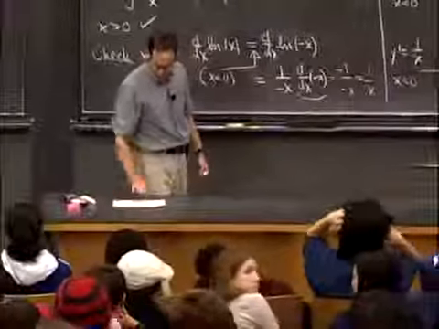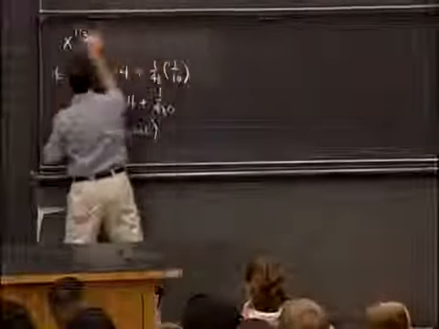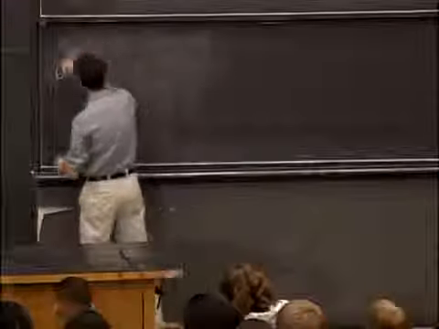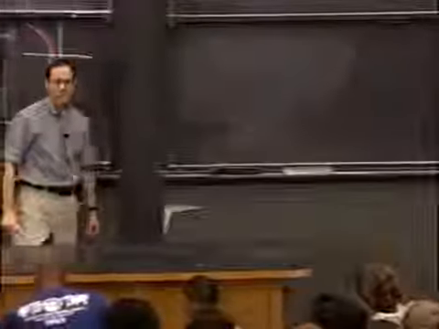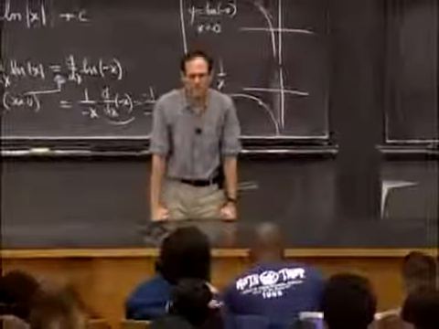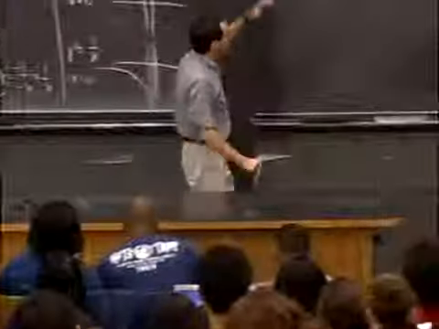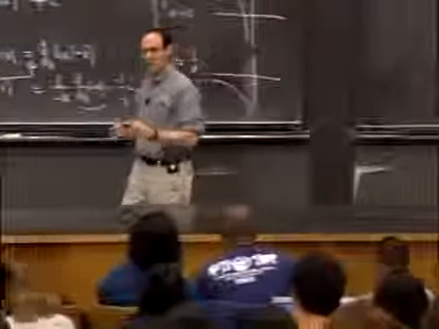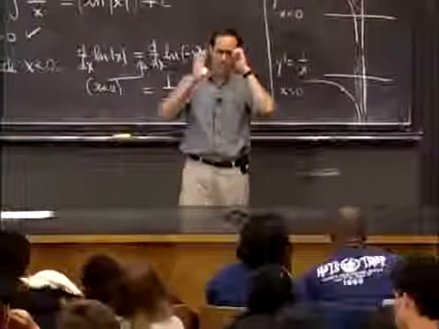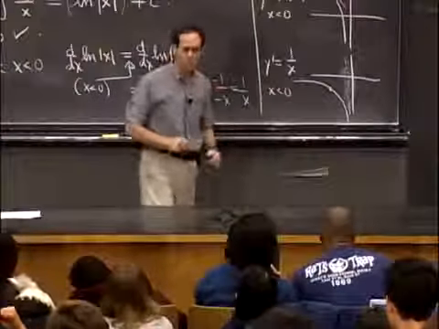All right, so the last bit of information that I want to emphasize before we go on to more complicated examples is this. It's obvious, because the derivative of a constant is 0, that the antiderivative is ambiguous up to a constant.